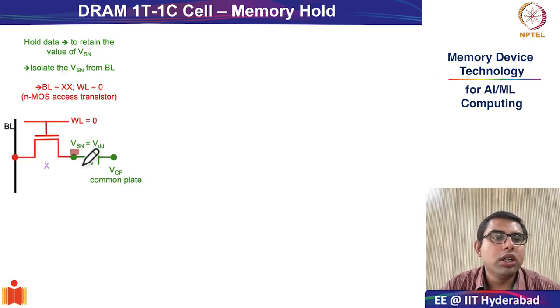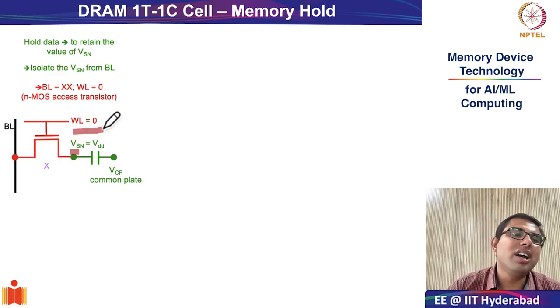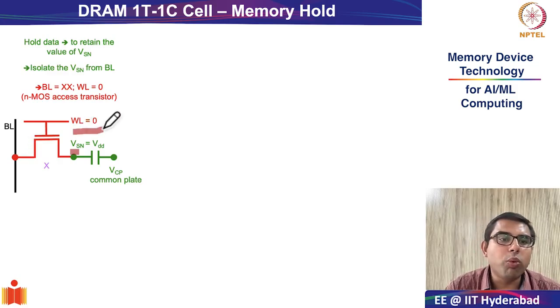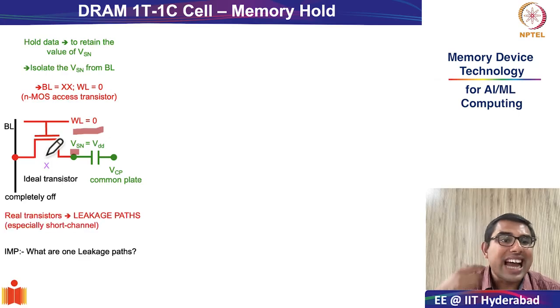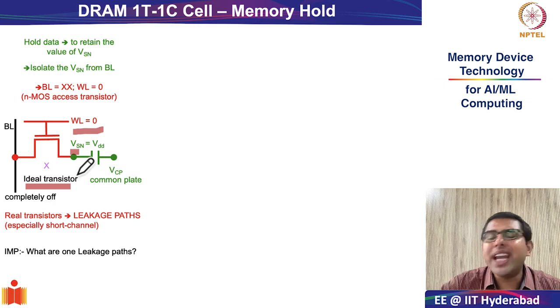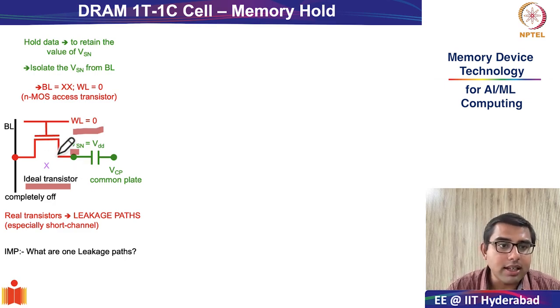And in order to decouple it, what you essentially do is you deassert the word line. And if you deassert the word line, the access transistor will be off, and in an ideal case, this transistor will give you very large resistance or infinite resistance, and therefore the storage node will be completely cut off or decoupled from the bit line.